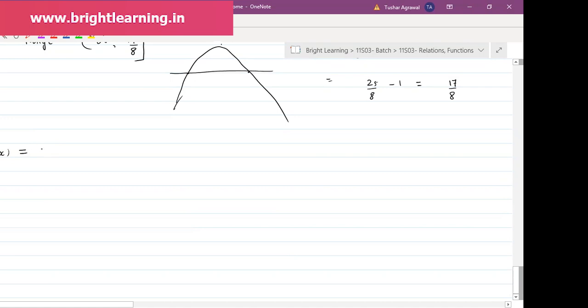f of x equals (x minus 1) whole square plus 2 times (x minus 3) whole square. Range is equal to question mark.